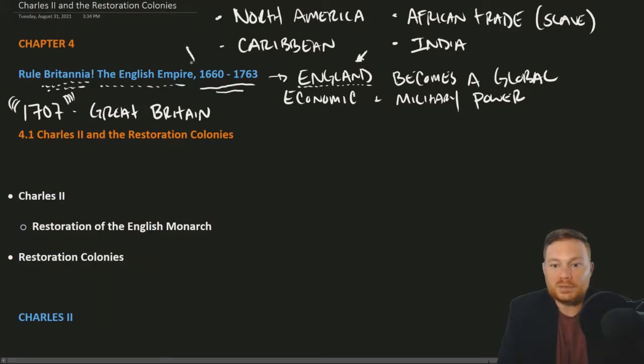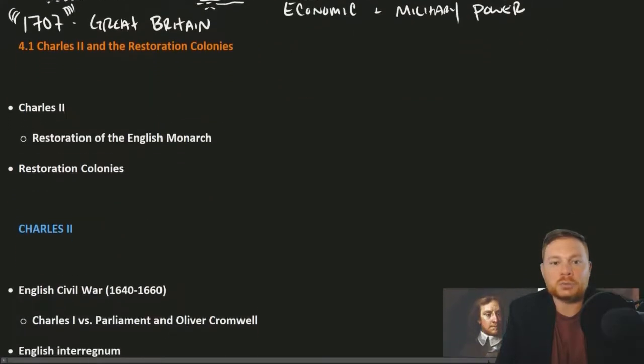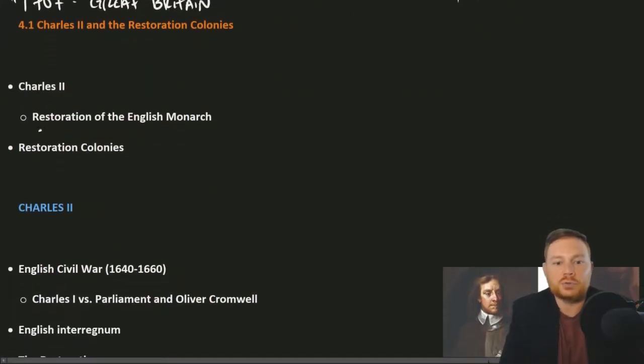So we're picking up in this chapter on this year here, 1660, and that's an important year when it comes to the English colonization of the New World. And that is where England goes through the process of restoring the English monarch.